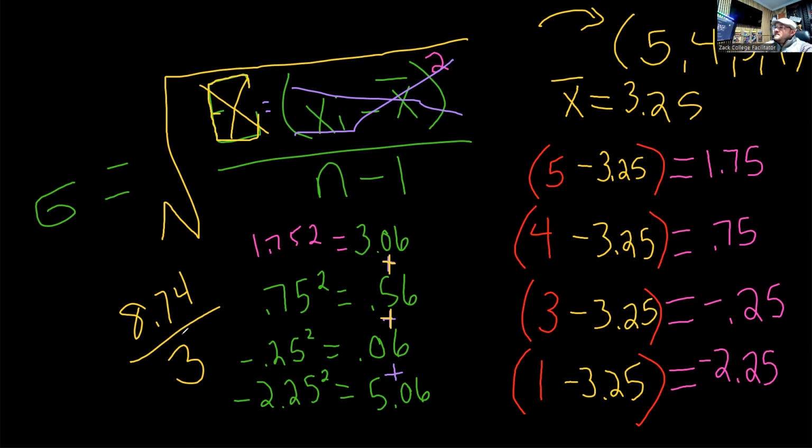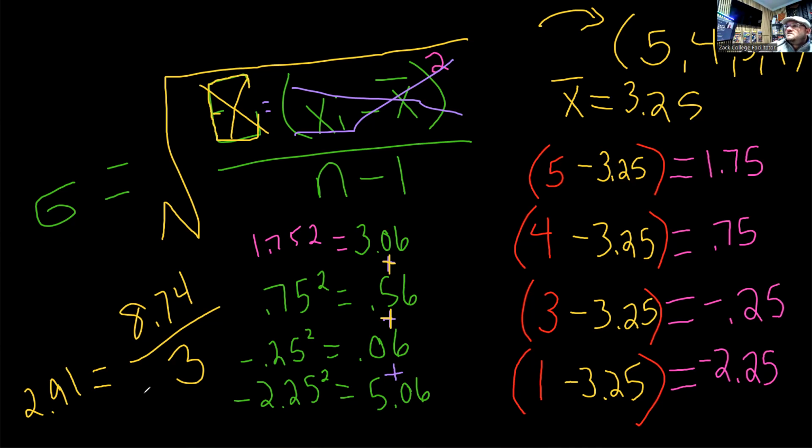Let's go ahead and get that value figured out. 8.74 divided by 3. 2.91.